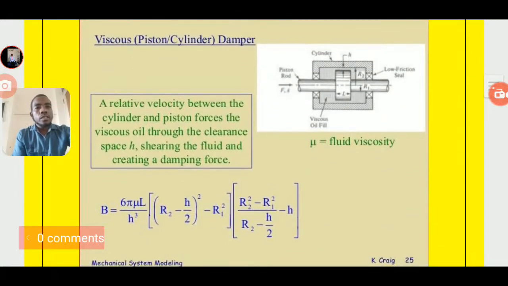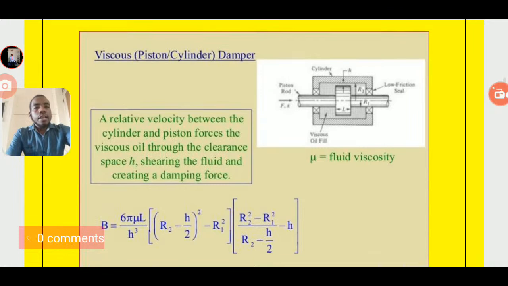When we see this, that means the viscous piston and cylinder damper. Here mu is equal to the fluid viscosity, and a relative velocity between the cylinder and the piston forces the viscous oil through the clearance space h, which means shearing the fluid and creating a damping force.